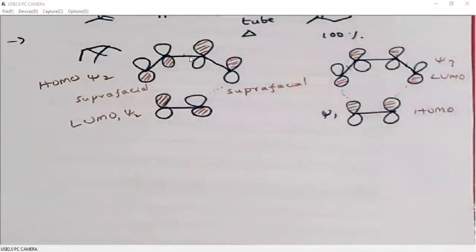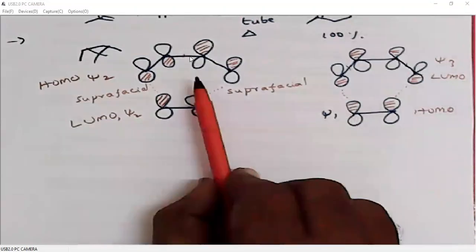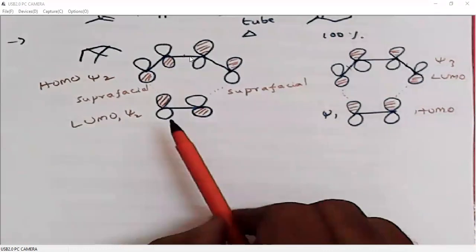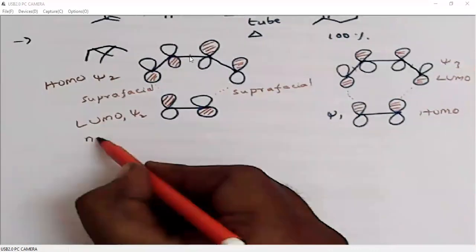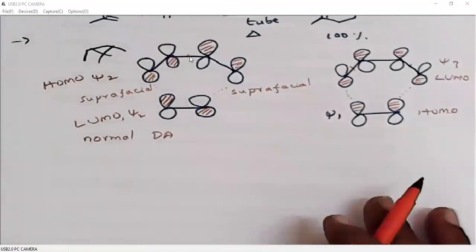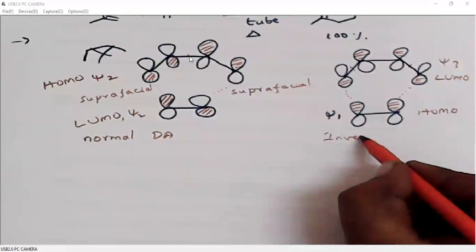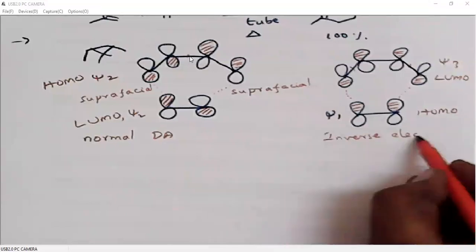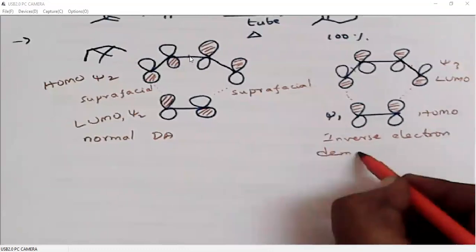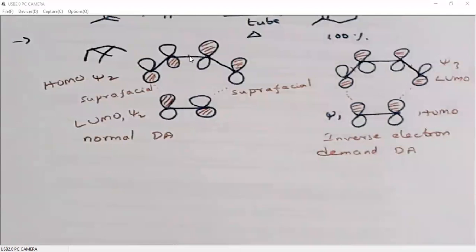That means for HOMO of diene and LUMO of dienophile, it is the normal Diels-Alder reaction, which is very facile. This is the inverse electron demand Diels-Alder. This is also possible, but it is very rare. I will explain why it is very rare also.